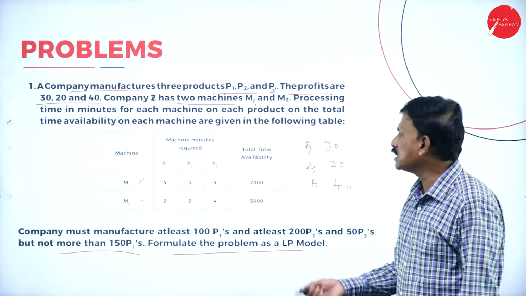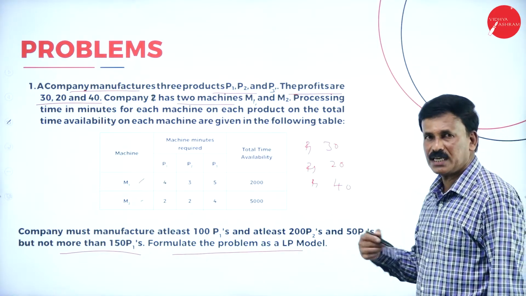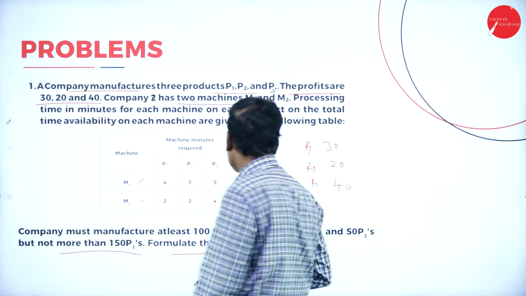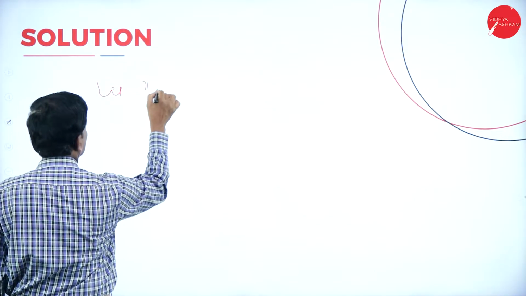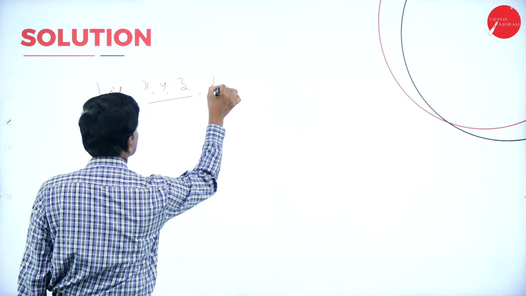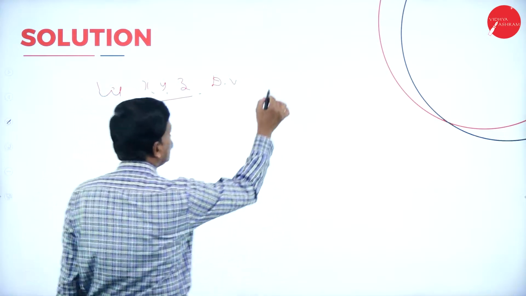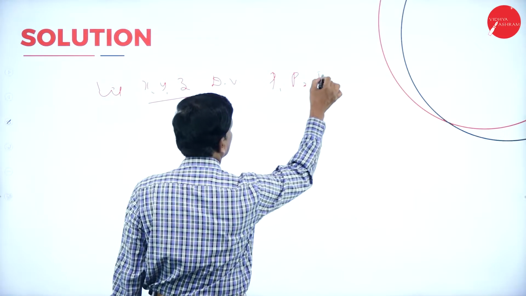Now let us define X, Y and Z as the decision variables for the units P1, P2 and P3.